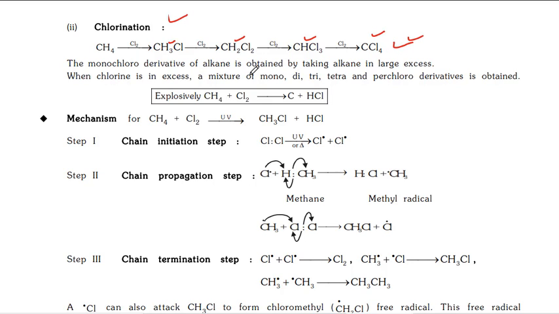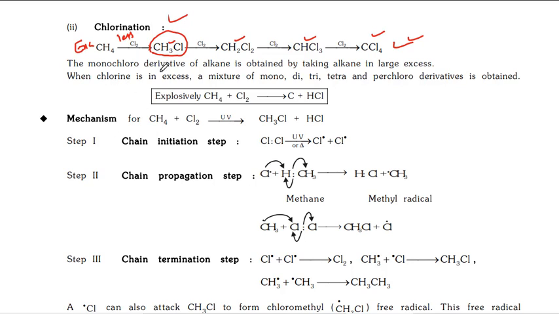Suppose you want only monochloromethane, that means chloromethane. Then you have to take excess methane and a small amount of chlorine. In that case you will get maximum chloromethane. Of course the remaining compounds will also be there, but in less amount.